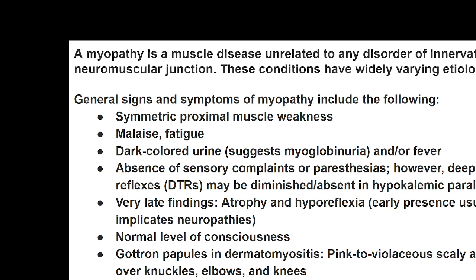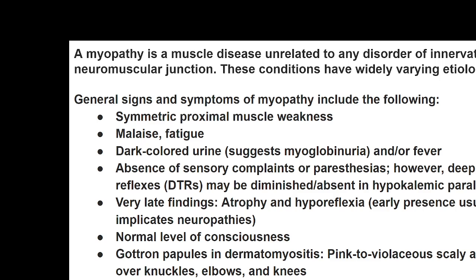The paresthesias are absent, and deep tendon reflexes may occasionally be diminished, but otherwise they would be normal, except in hypokalemic paralysis, where the potassium level is reduced and the tendon reflexes may be absent.